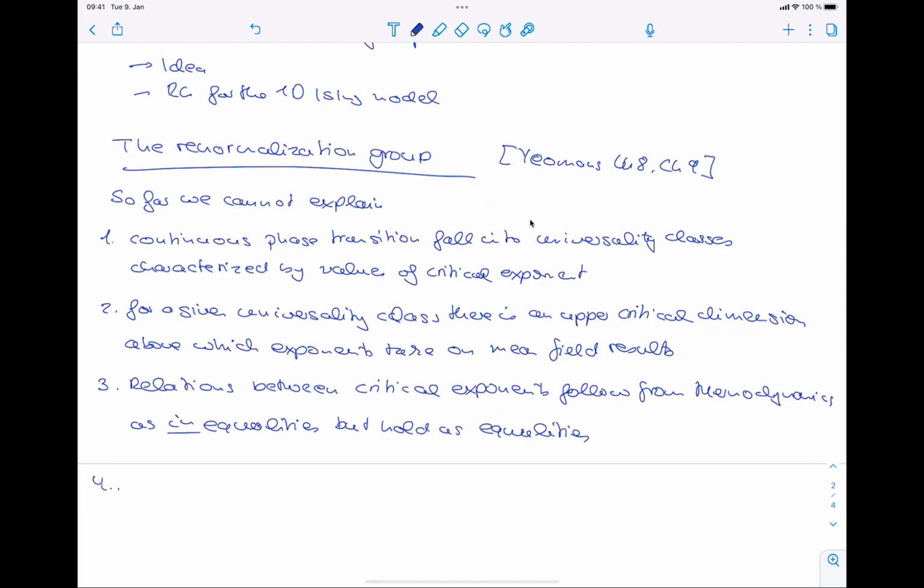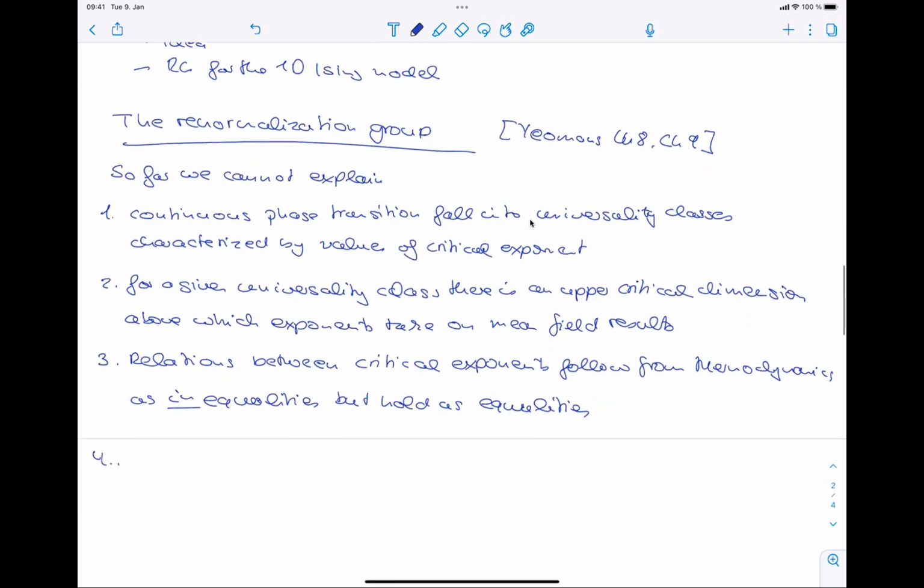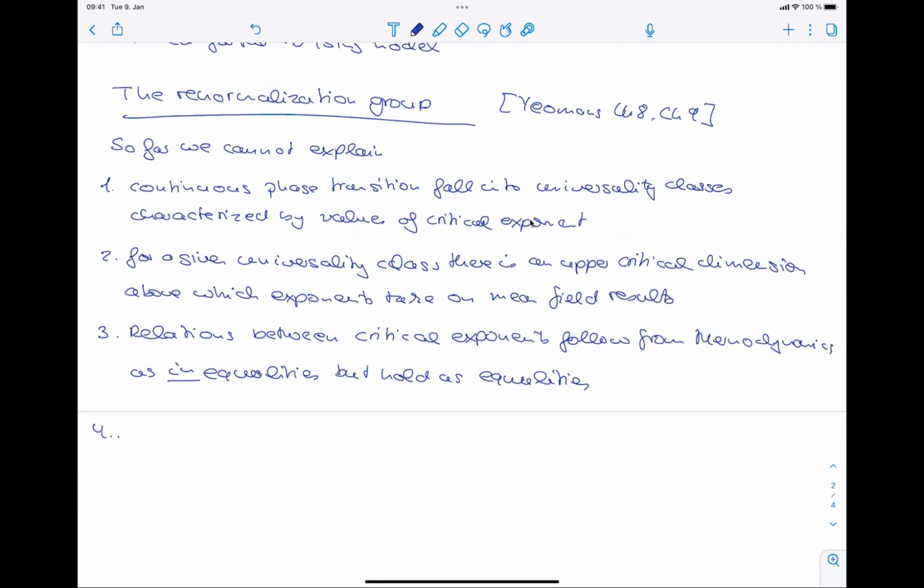And another observation is that these critical exponents are the same if I approach from above or below, reducing or increasing the temperature, which is also an observation so far that we cannot explain.